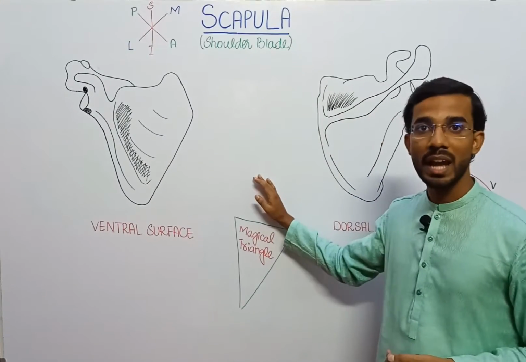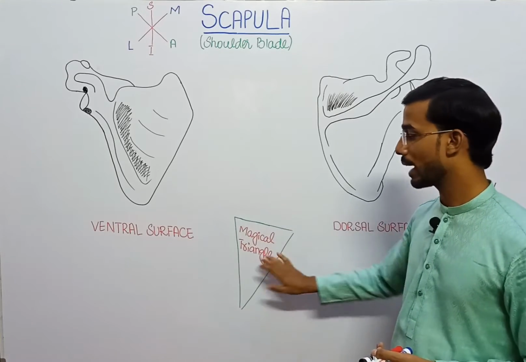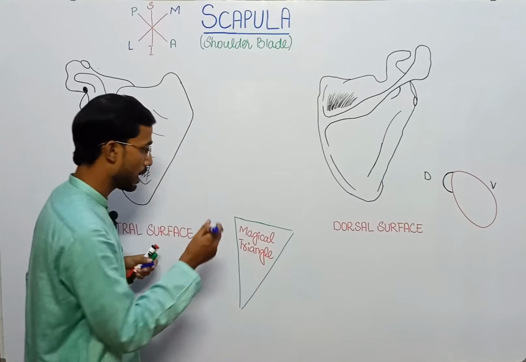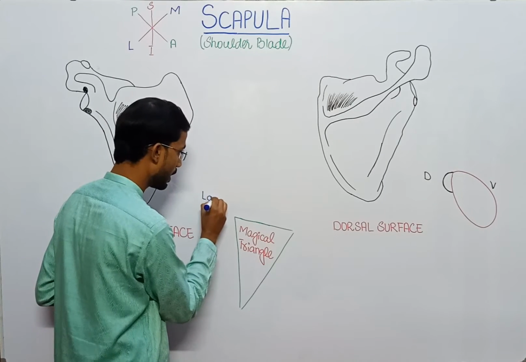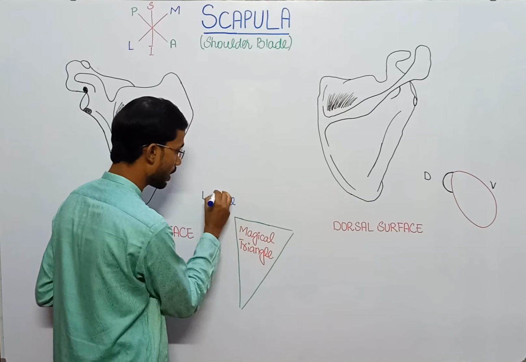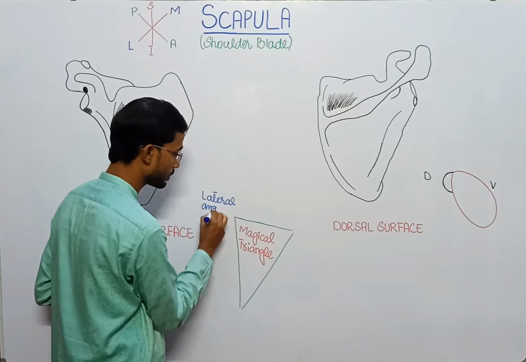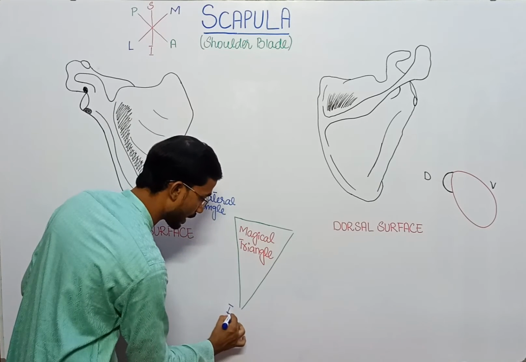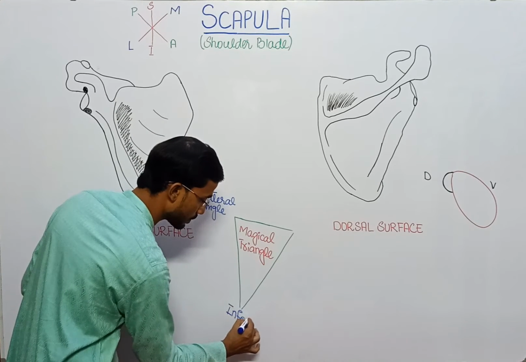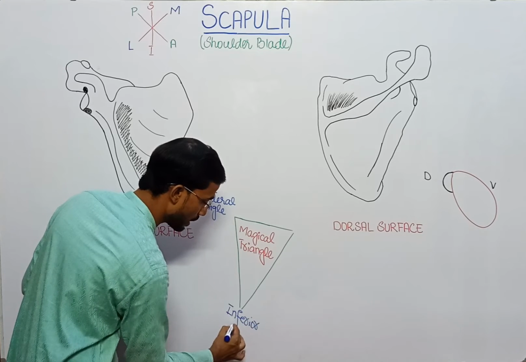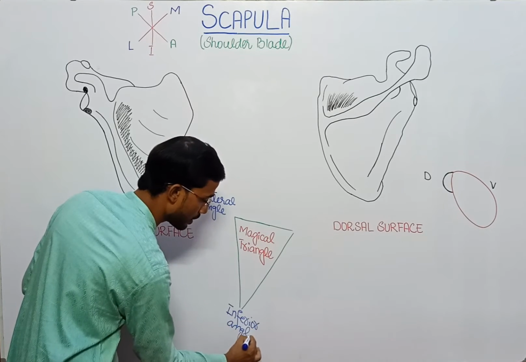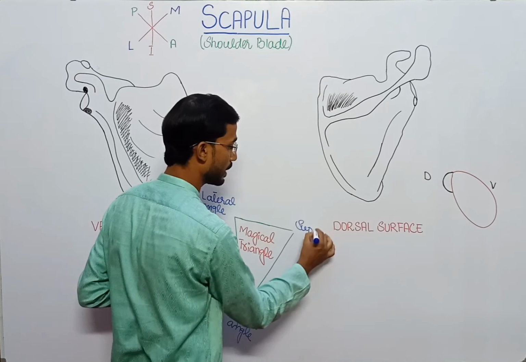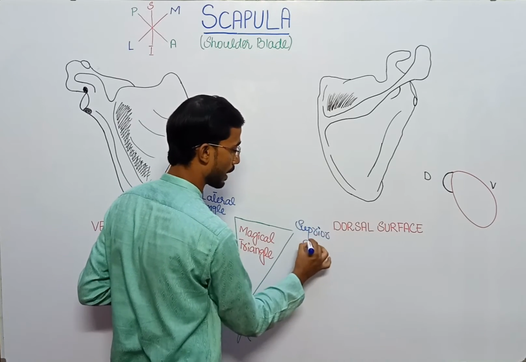We consider the three angles and the borders of the scapula by the magical triangle. Here you can see this is the lateral angle, this is the inferior angle, and this is the superior angle.